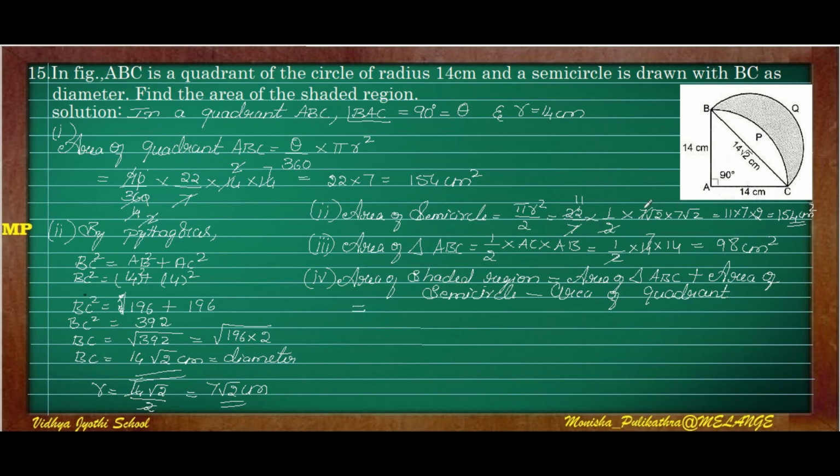So here area of triangle ABC, which is 98 centimeter square, plus area of semicircle is 154, area of quadrant is also 154, both will get cancelled. So area of shaded region is 98 centimeter square. So this triangle plus this area of semicircle, from this whole we have to subtract this quadrant. If we subtract this quadrant, we will get the shaded region. I hope you understood this.